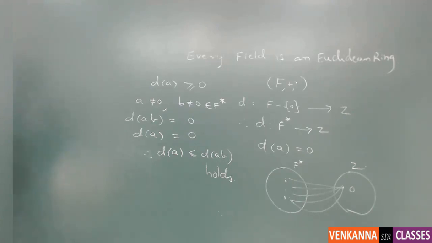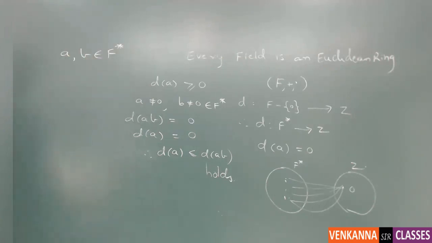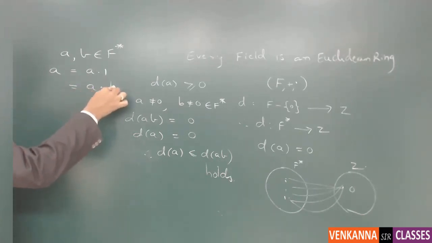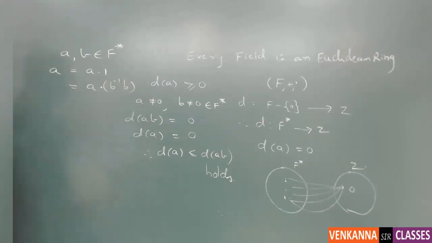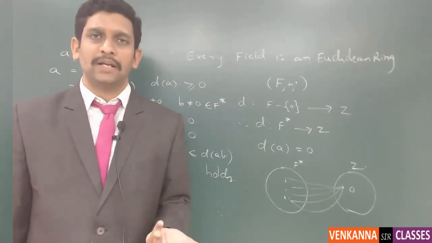Right. Now, coming to the second condition, you take A, B belonging to F, with B in F star. Now I should bring in the form of the division algorithm here. If you consider A, you can write A is equal to A dot 1, because 1 is the multiplicative identity, the unity element. This can be written as A dot B inverse B, because in the second condition we always take B as a non-zero element.